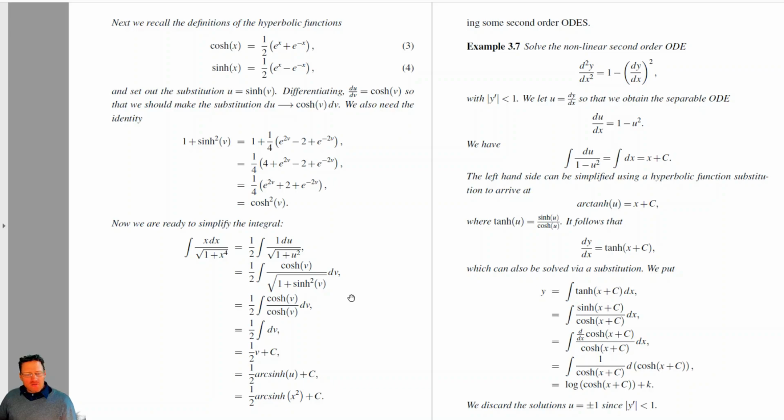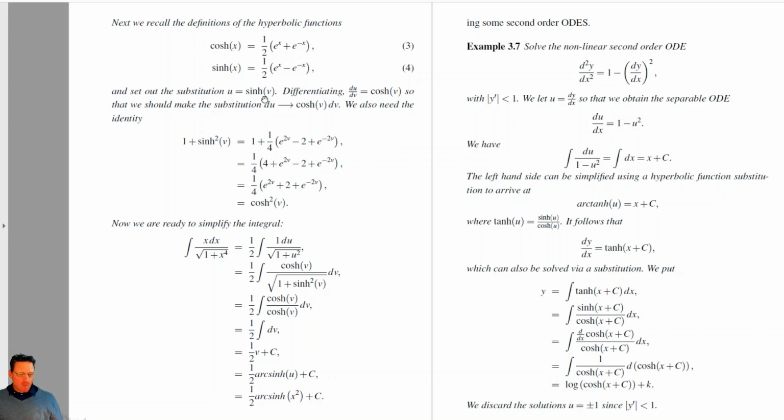Okay, now finally we need to replace the v with what it was in terms of u. So we need to then solve our original setting out of letting, where was it, up here, u equals sinh of v, right? So we apply the inverse sinh function, which we can call arcsinh or arsinh.